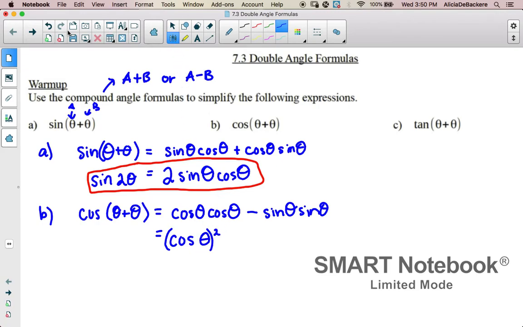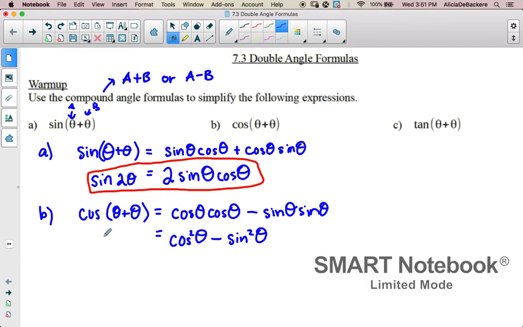It looks very cumbersome and messy. So instead what we do when we mean the whole thing being squared is we write the squared in here on the cosine. So cos squared of theta means cos theta times cos theta. And then we can clean up this second expression in the same way, sine theta times sine theta, that's sine squared theta.